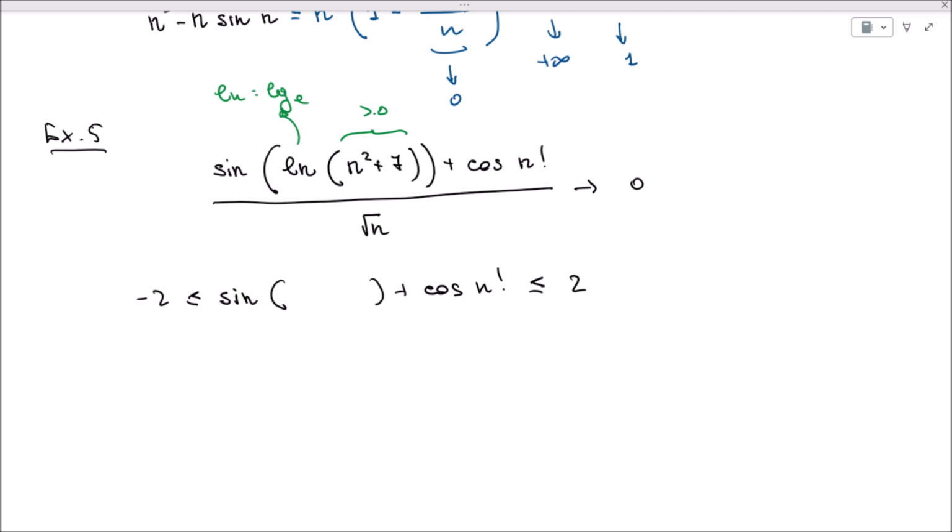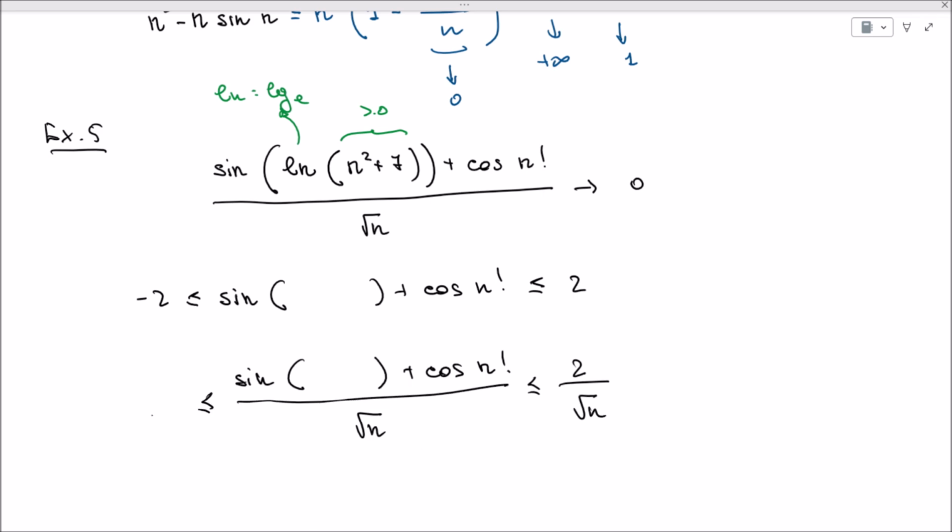So once again we can divide now by square root of n. So we have that sine plus cosine of n factorial divided by the square root of n will be less than or equal to 2 divided by the square root of n, and larger than minus 2 divided by the square root of n.